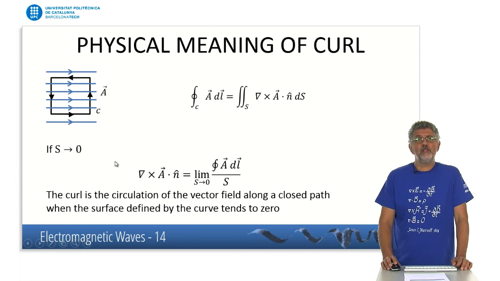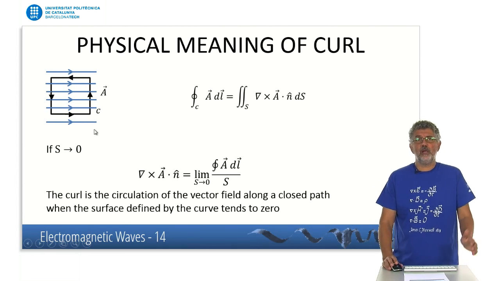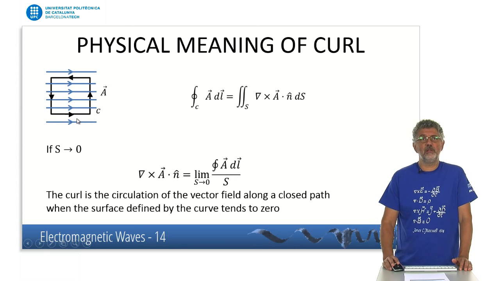Now, imagine for instance that we have a gravitational field, and we are doing that circulation along this path. Well, we know that when we move in this direction, the circulation is 0 because we are moving orthogonal to the movement.